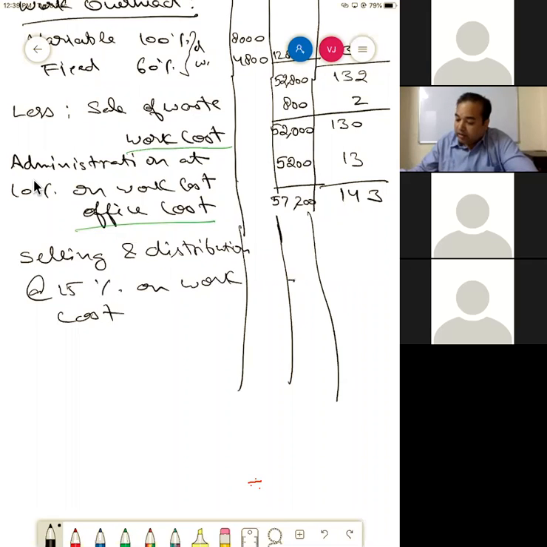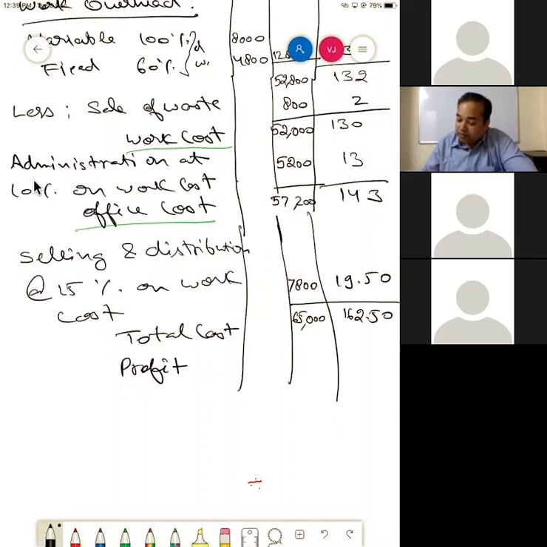You will get 7,800, and if you divide it by units, you will get this. So that makes 65,000. This is your total cost. Now in this, if you add profit, again in the question it has been determined what would be profit.